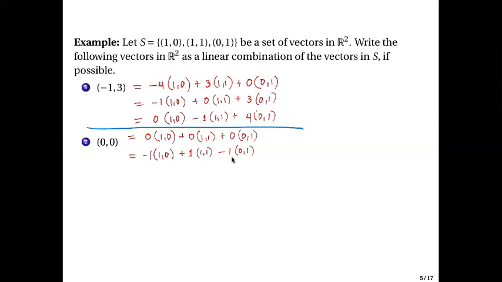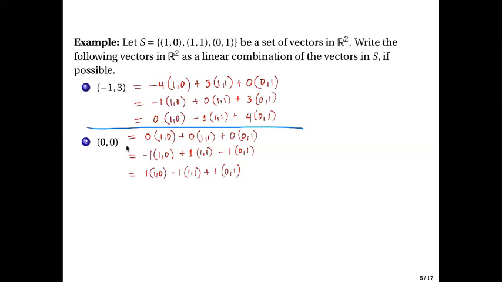Okay? Or you can also have 1 times (1, 0) minus 1 times (1, 1) plus 1 times (0, 1).